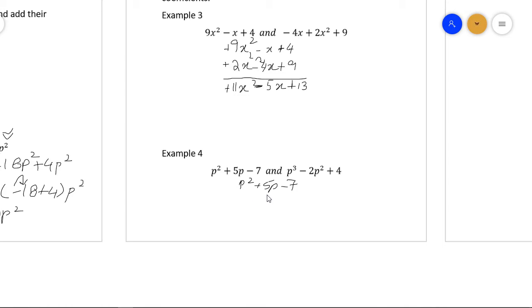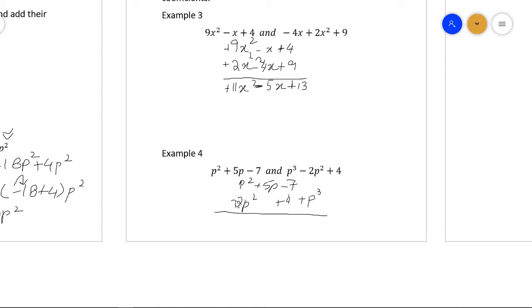No, there is no term like to p cube, so where we will write p cube? Okay, we are going to write it here, minus 2p square, as it is like to p square, so minus 2p square, and plus 4 is like to minus 7, so we will write it here. Now we have to add them.